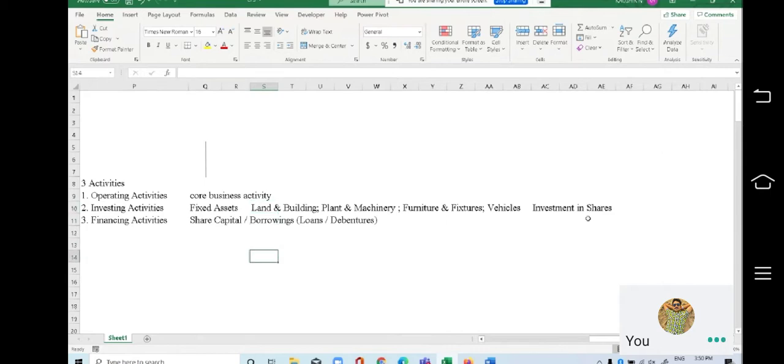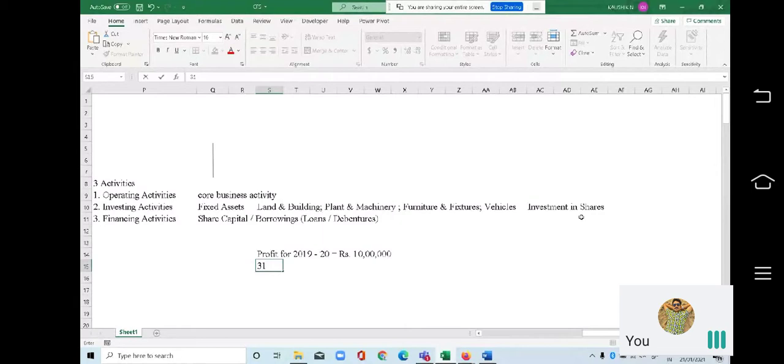Okay, profit earned by a company for the year 2019-20 is given as rupees 10 lakhs. Now, when will you arrive at this profit value for this year 19-20? You would have arrived at this value on 31st of March 2019.